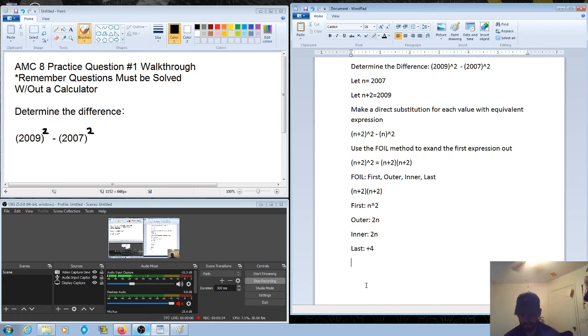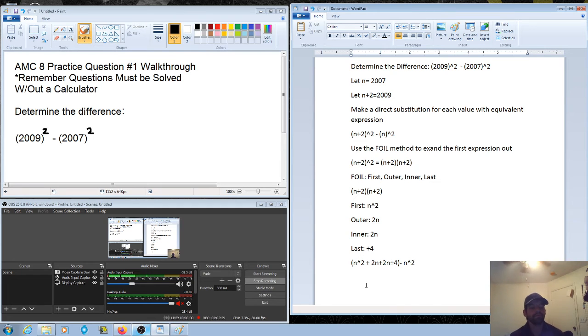Now, I'm going to rewrite this, and I want to represent it with the fact that we also have to account for that n squared in the very beginning of our problem, which again is just equal to 2007 squared, but algebraically speaking. So we have n squared plus 2n plus 2n plus 4 minus n squared.